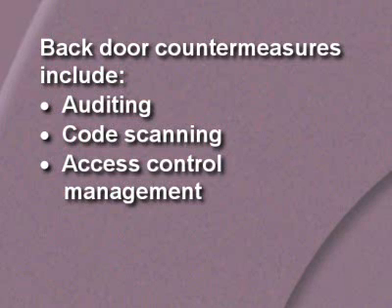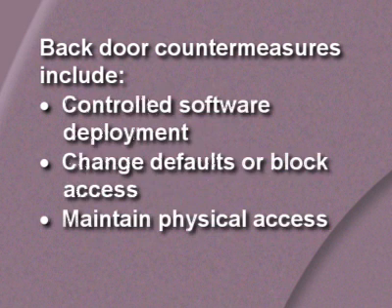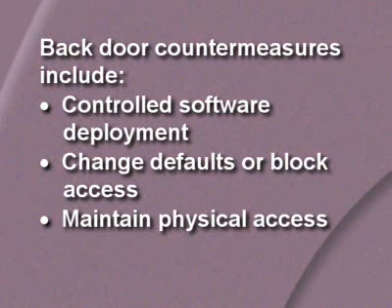Countermeasures to backdoors include very detailed auditing, so you're able to discover when activities take place, and deploying antivirus and malicious code scanning software tools, so you're able to detect when these things are planted or present on your system. Specifically for malicious user or hacker installed backdoors, you need strong access controls and strong software installation restrictions, so only legitimate software is installed.